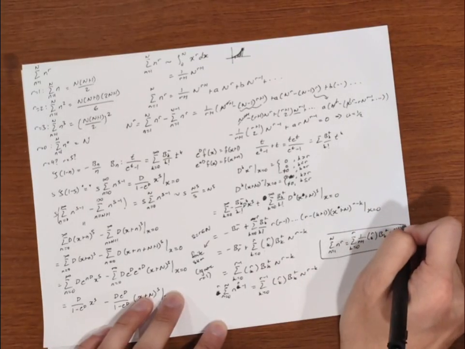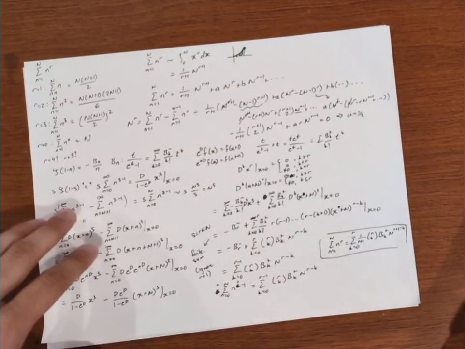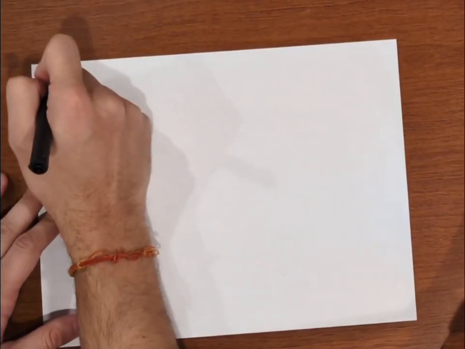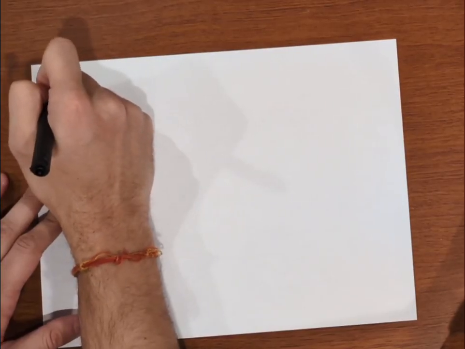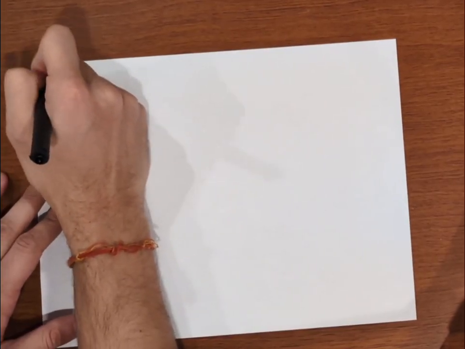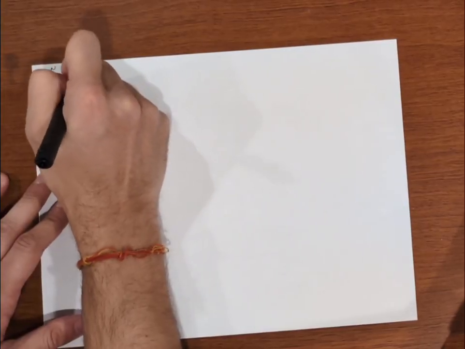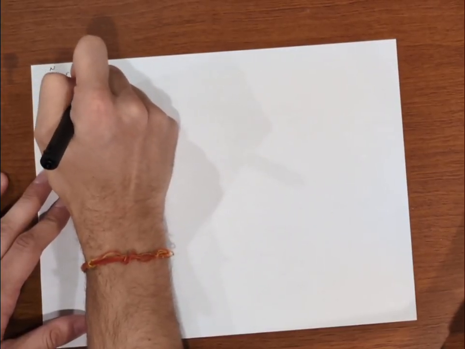And that is our final formula. So I'll end this off with doing some sample computations involving this. So we'll see that we recover all of the formulas that we've seen already, and also get some new formulas for r equals 4 and 5. So let me rewrite this out.